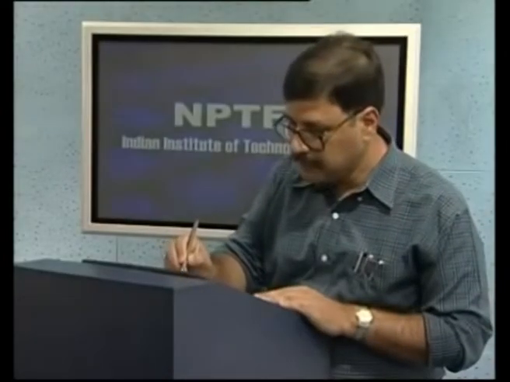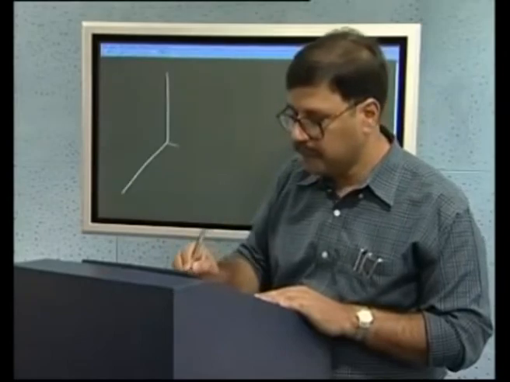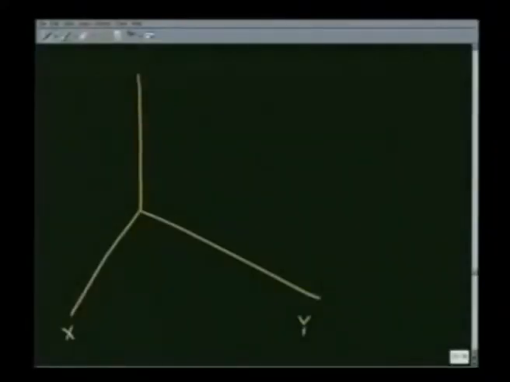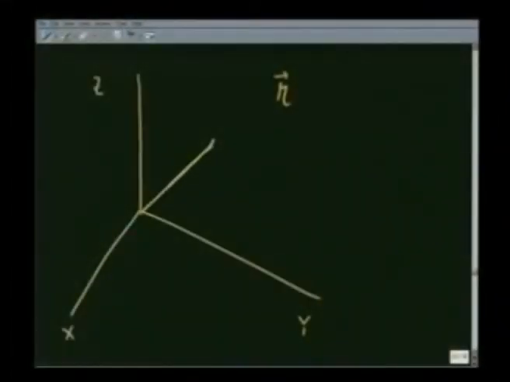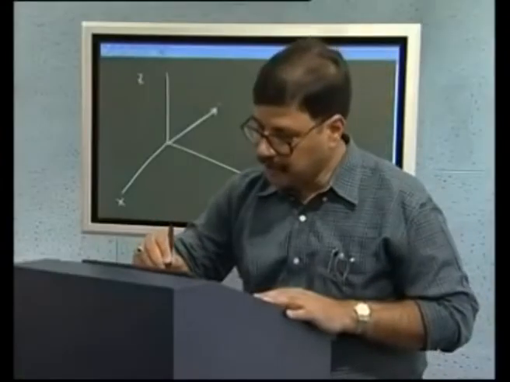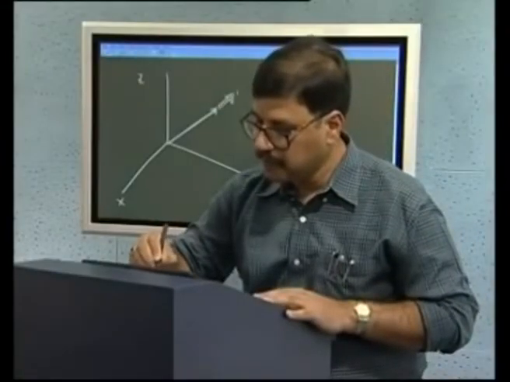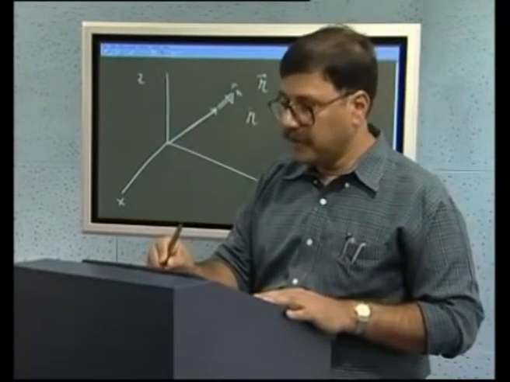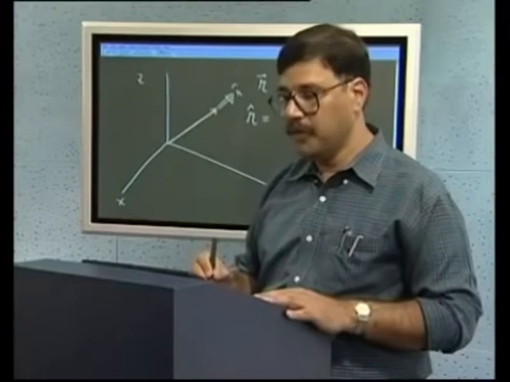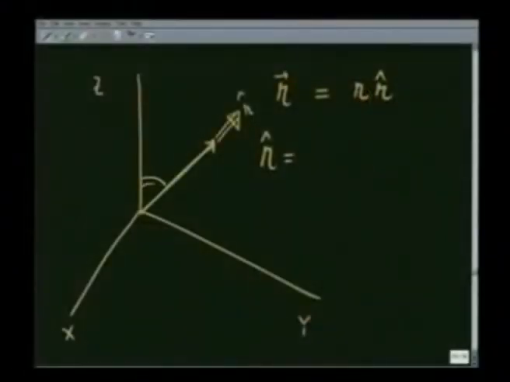Let us then see that I am representing a particle by vector r, this vector r, which is r times unit vector r, where unit vector r is in this direction. The components of unit vector r are therefore going to be, it is very easy to see that the z component is going to be cosine theta.